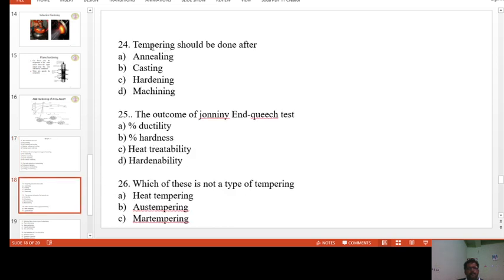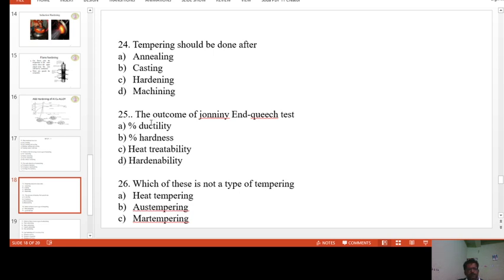And then, tempering should be done after annealing, casting, hardening, or machining. As we have discussed, tempering should be followed by hardening.